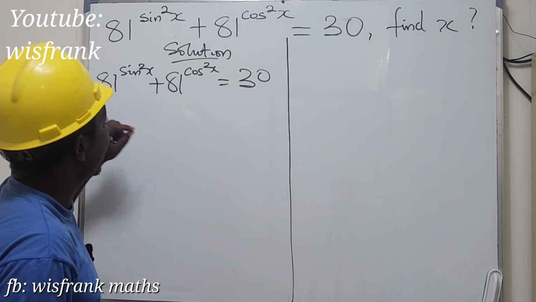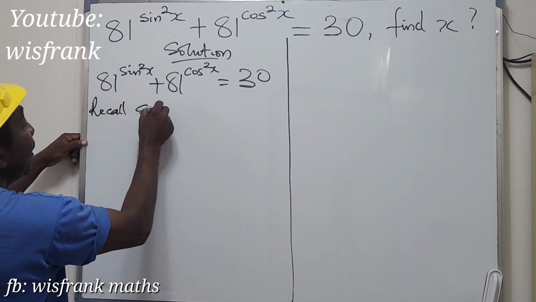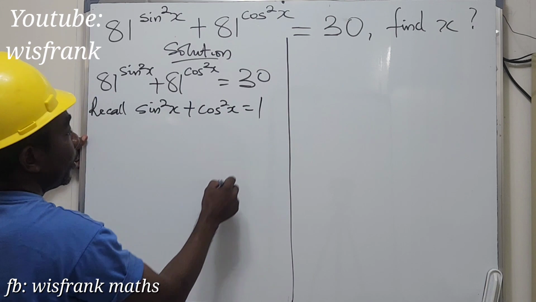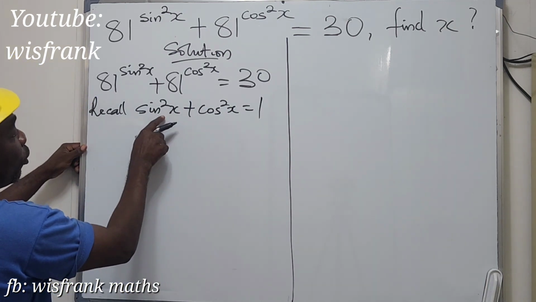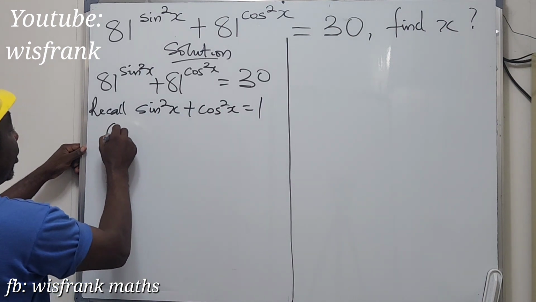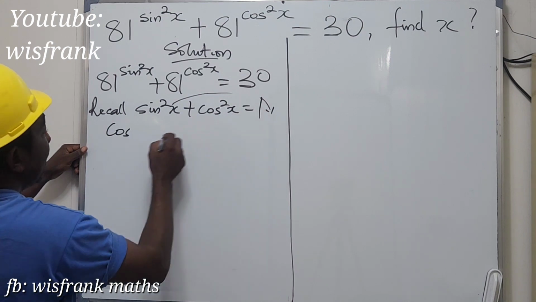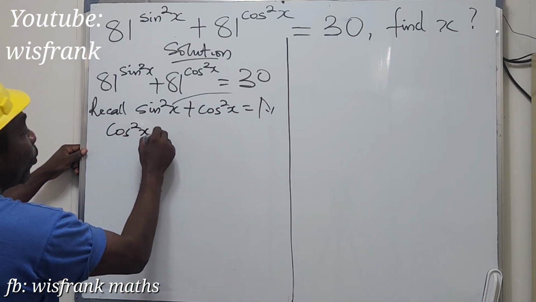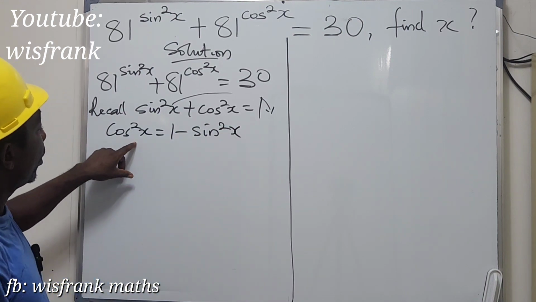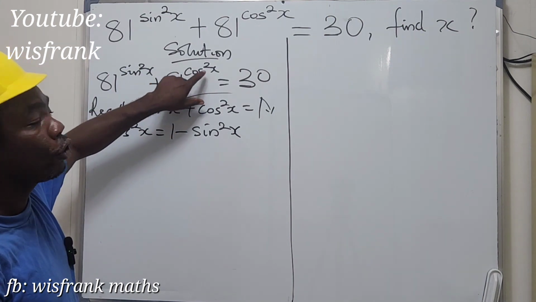We can recall that sine squared x plus cos squared x equals 1. So when we want to make cos squared x the subject, we transpose to the other side: cos squared x equals 1 minus sine squared x.